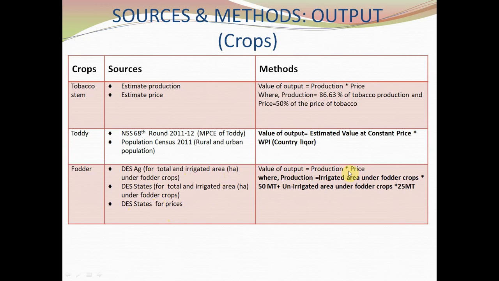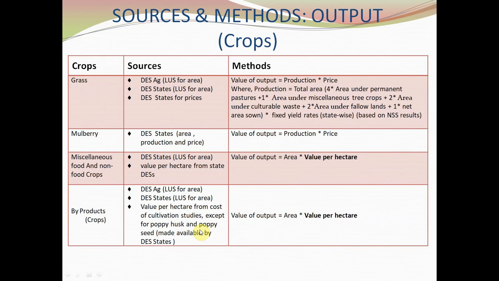Value of output is calculated by taking production into price, where total production of fodder is calculated as irrigated area under fodder crops into 50 metric ton per hectare plus unirrigated area under fodder crops into 25 metric ton. It is assumed that in an unirrigated area, production becomes half as compared to irrigated area.